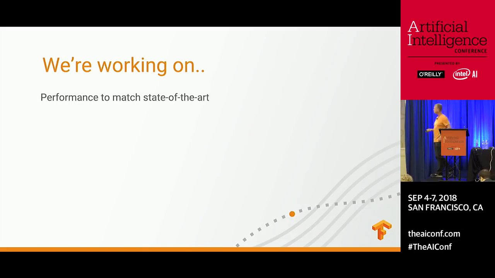But 1.11 should be out shortly. We are working on performance still. This is always going to be something that we work on to match state of the art. As you saw with single node multi-GPU, we've achieved 90 to 95% scaling performance on the GPU card. We're continuously working on trying to improve this for all of the different configurations we've talked about.